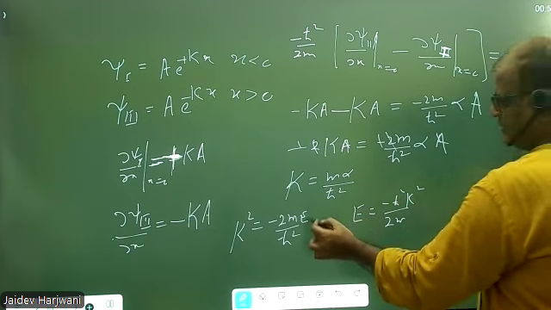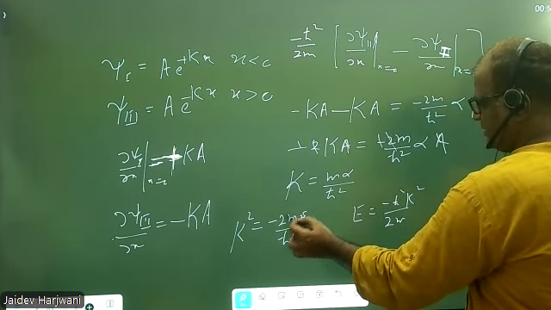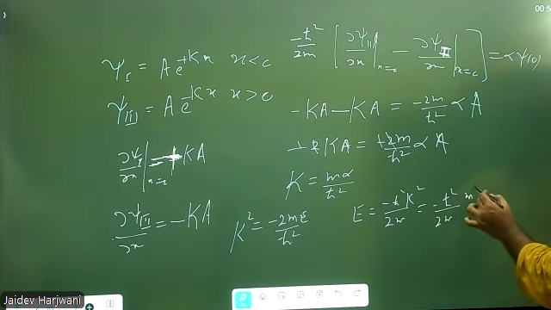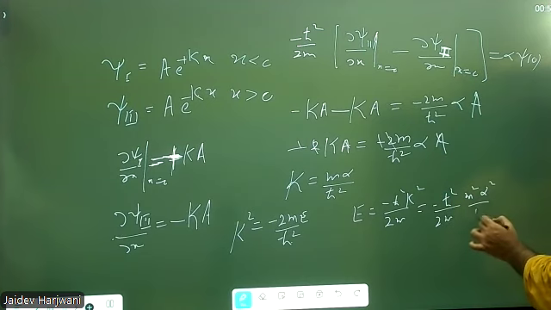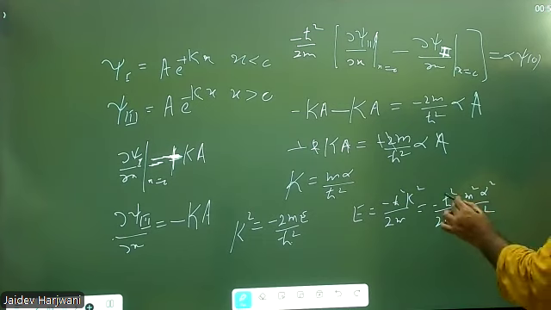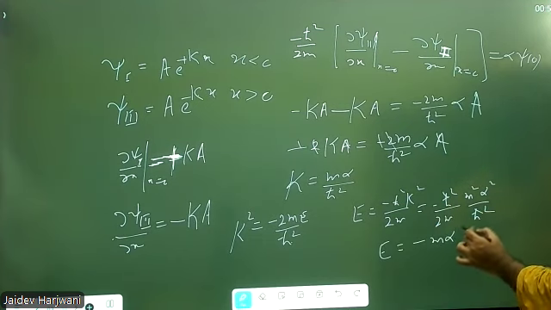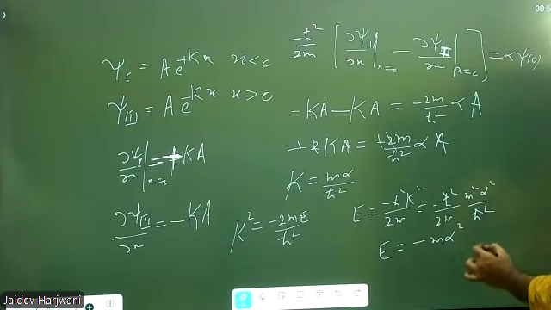So this will be minus h cut square upon 2m, kappa is m square alpha square upon h cut square. So E will be minus m alpha square upon 2.